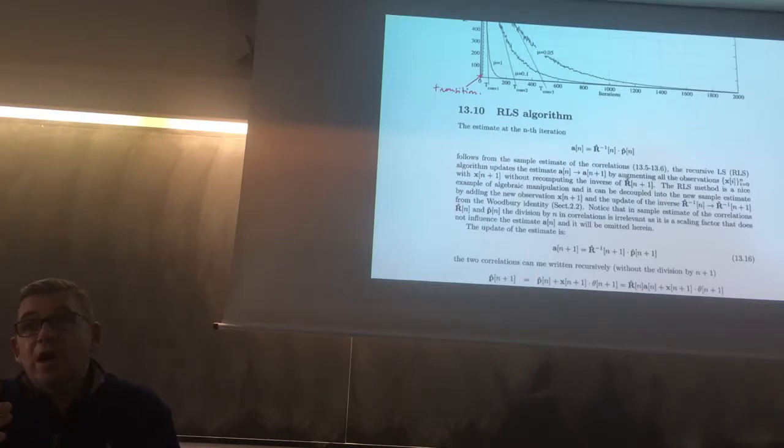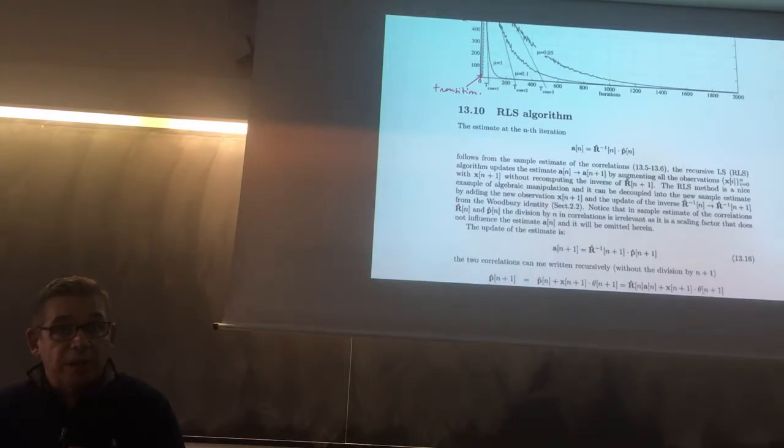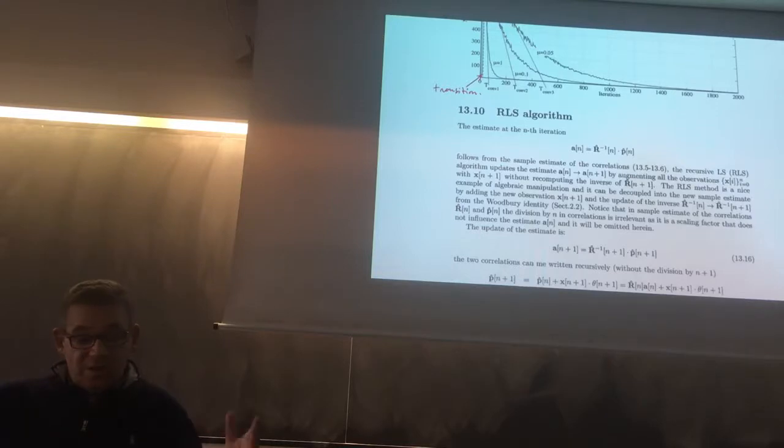The reason why we didn't do it is because we didn't want to invert the matrix R. Because for every new sample, I need to make the estimate of the matrix R, the estimate of the vector P, invert the matrix R, and the inversion of the matrix R costs approximately in the order of n cubed.